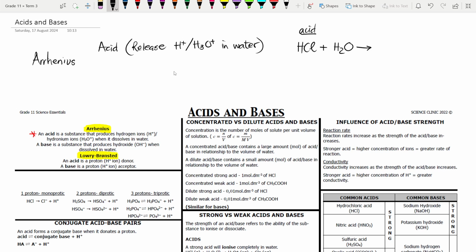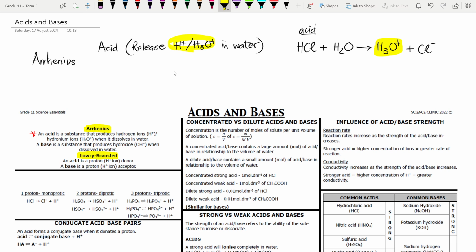The H is going to be attached to the water, so this gives me H3O plus, and then the Cl minus is just going to be alone. That's what happens when I take the hydrochloric acid and put it in water. I'm going to see that the hydronium ions are released.